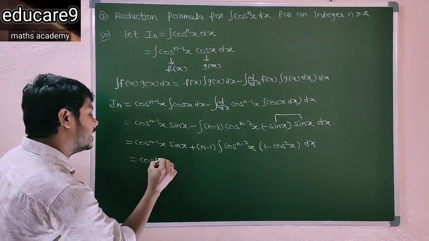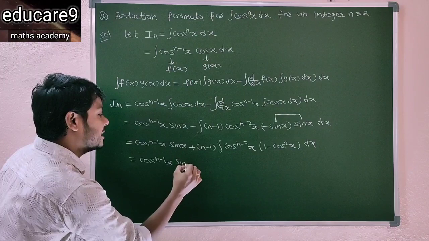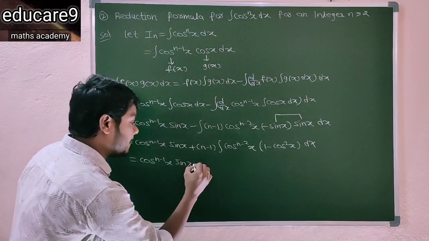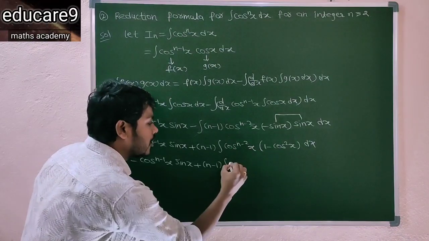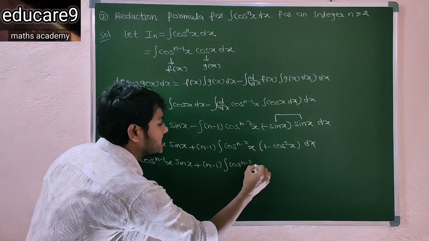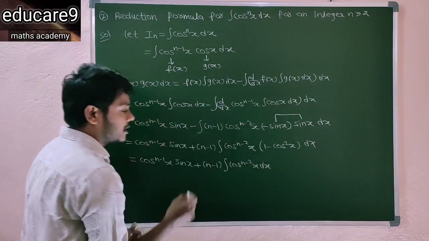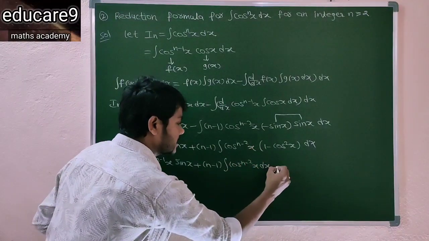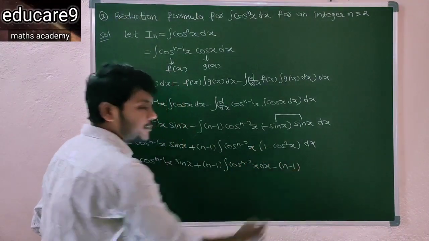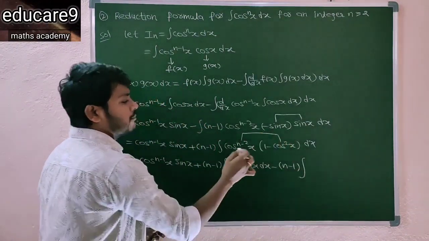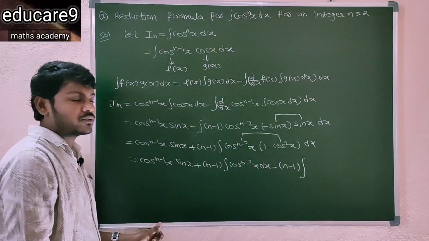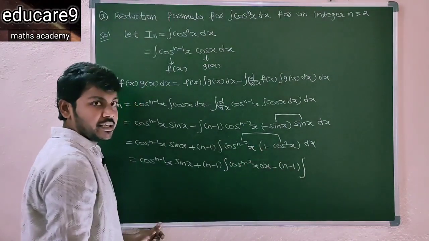So now multiplying inside, what you get? cos^(n-1) x sin x plus (n-1) into integration of cos^(n-2) x dx. Here plus into minus, minus (n-1) into integration of cos^(n-2) x into cos^2 x. Here minus 2 plus 2 get cancelled.